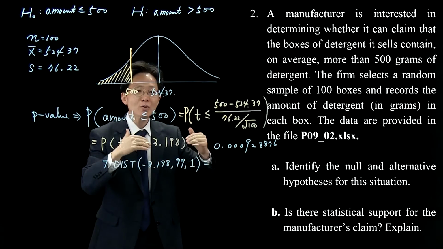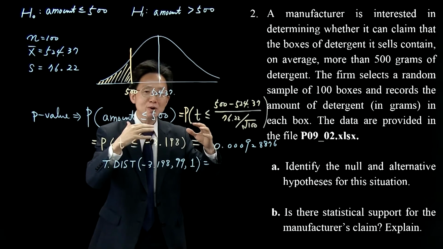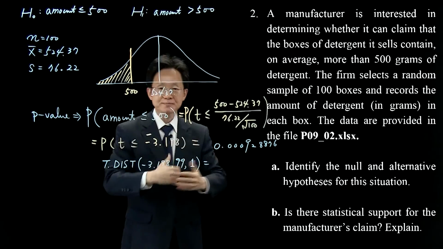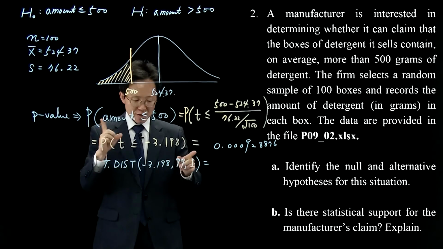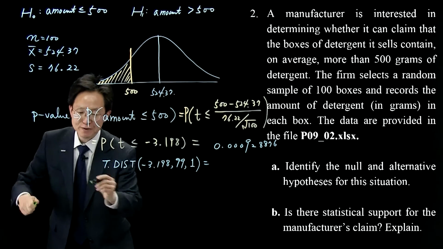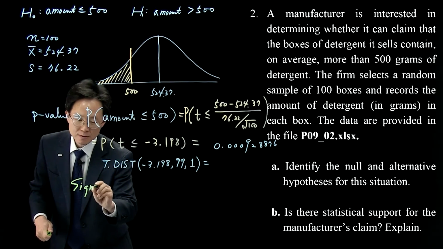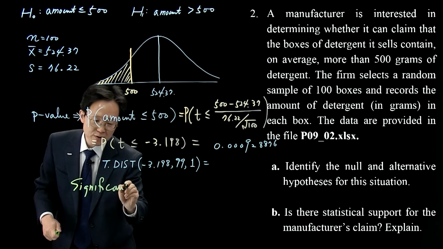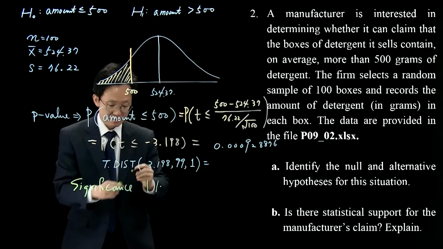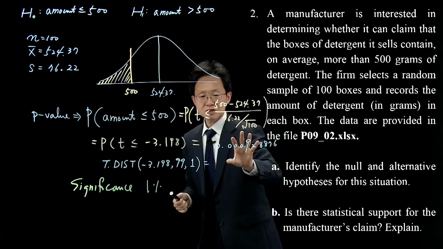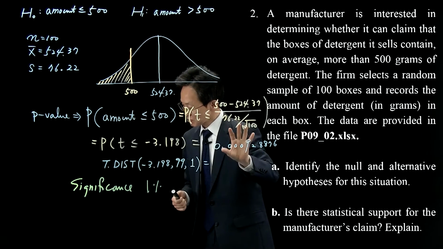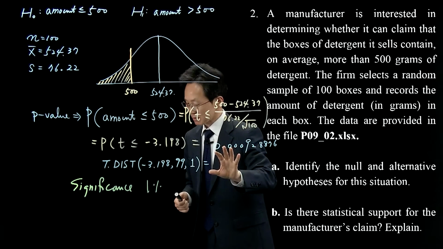Okay, now I want to bring in this concept of significance level. Sometimes we call the significance level 1%. This is smaller than 1%, right?